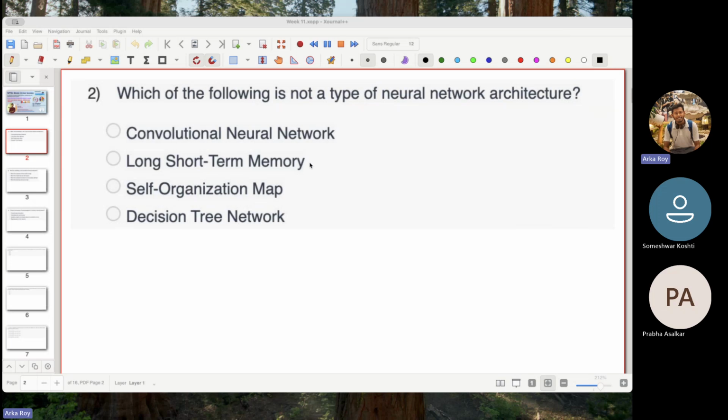Then long short-term memory is used for sequential data, which is basically time series type of data.